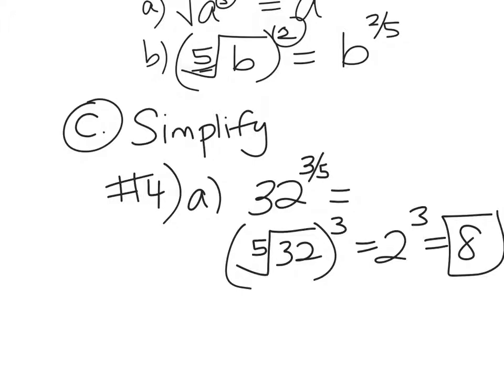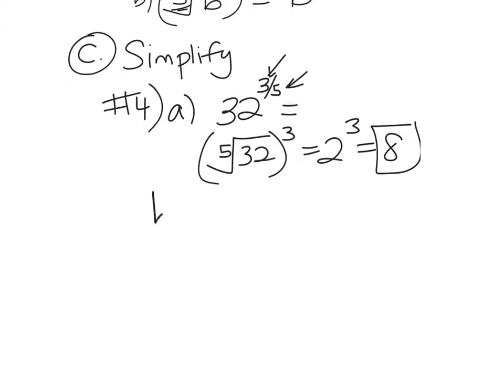It's like a 2-step problem. You're doing 2 things. You're taking its root, and then you're raising it to a power. You want to try another one? Let's do 27 to the 2/3. You try that one without my help, without talking to anyone.